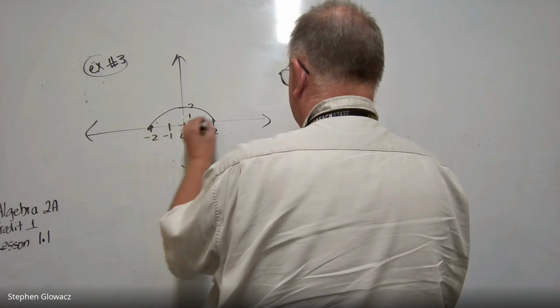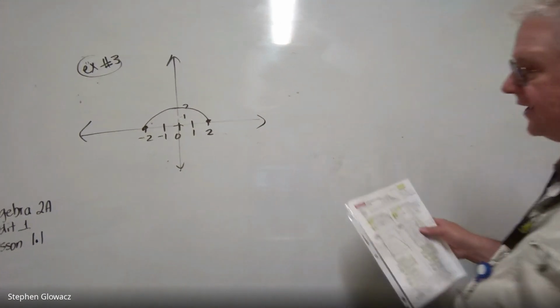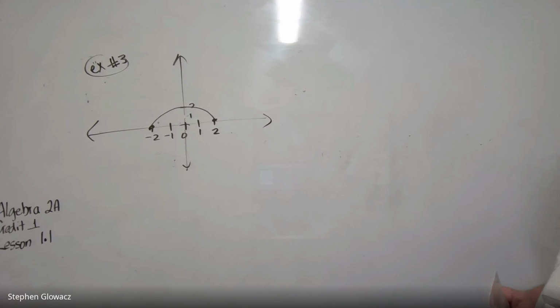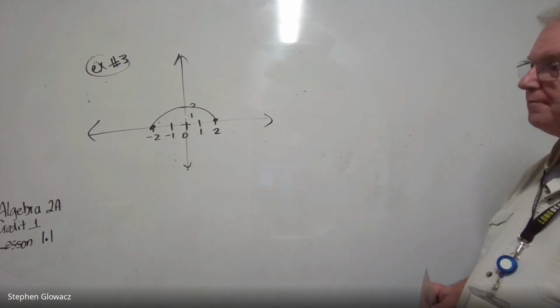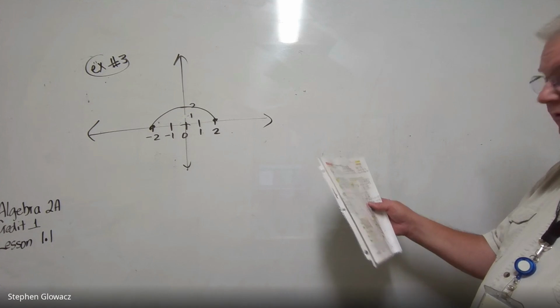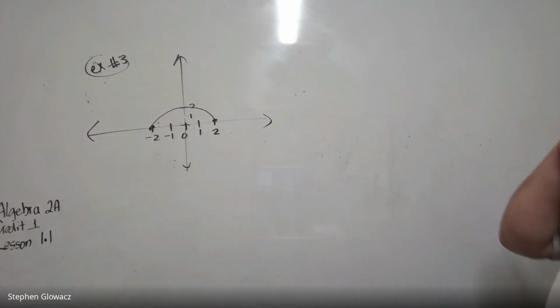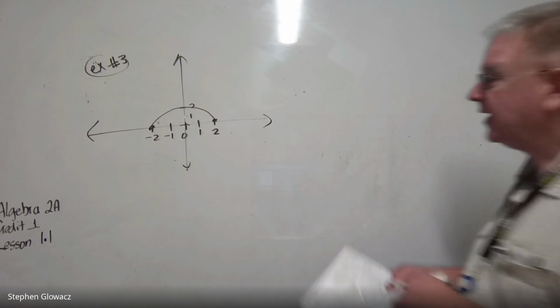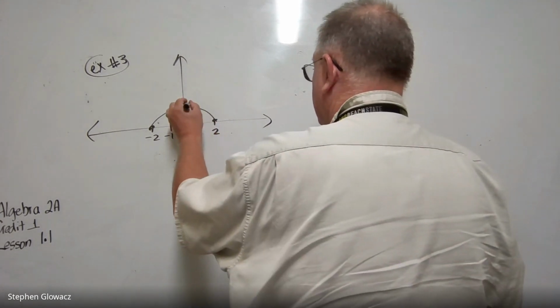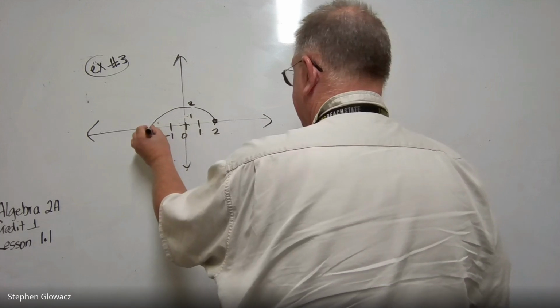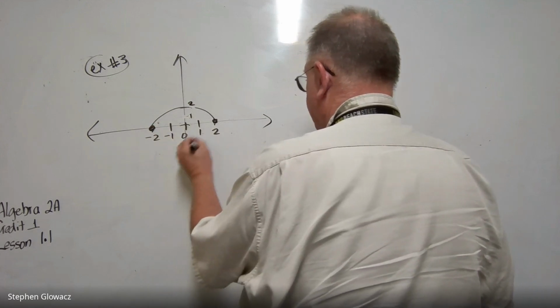What they want us to do for number 3 is to state the domain and the range using both set notation and interval notation. So we'll get a little bit more practice with that. Let's make this a little bit more clear here. There we go, and give us a little more room.